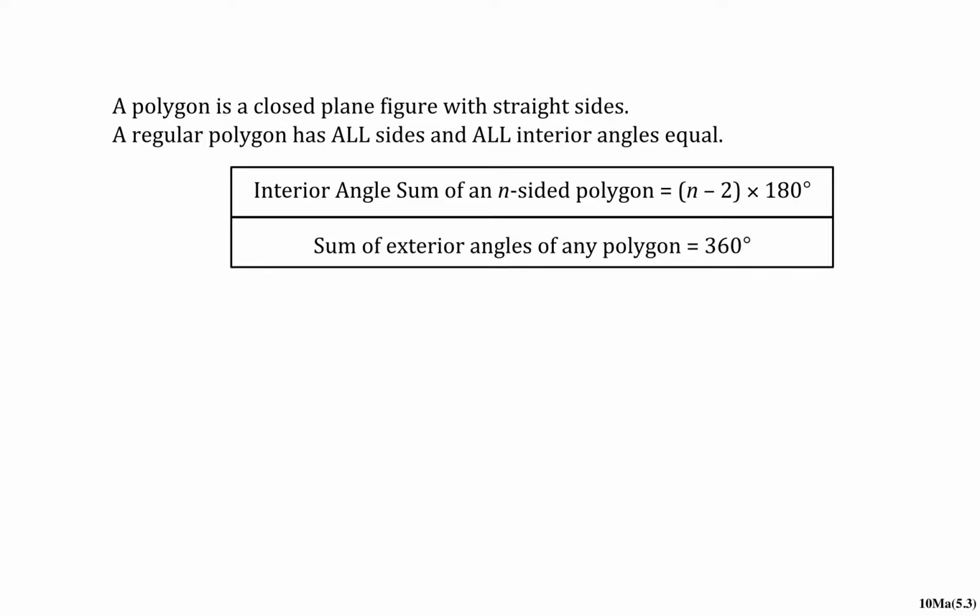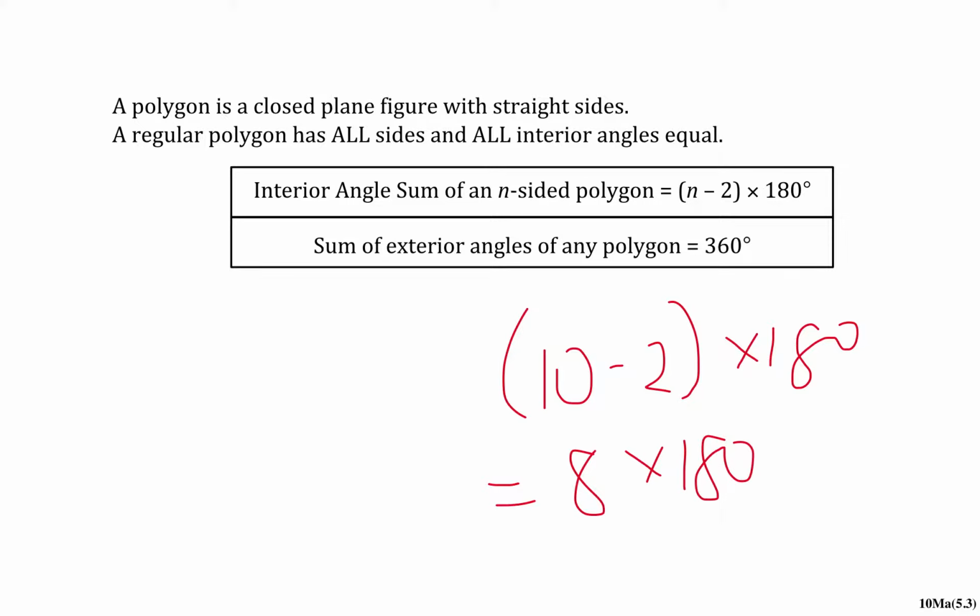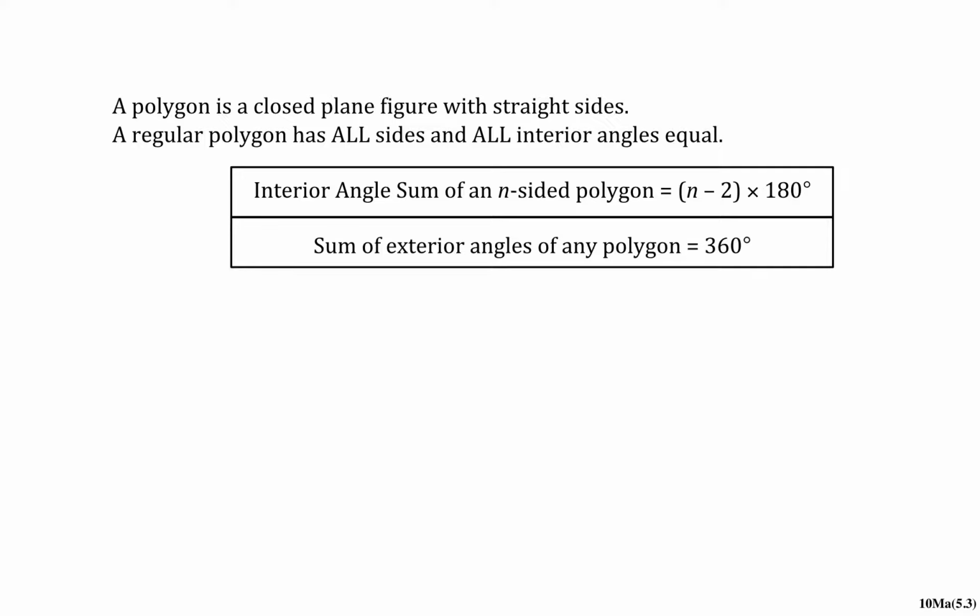Well, you'd have 10 take away 2 times 180, which is 8 times 180, and when you multiply 8 and 180 together, that tells you what all of the angles will add up to in a, oops, I drew 8, I meant 10-sided shape. Anyway, hopefully you get the idea.